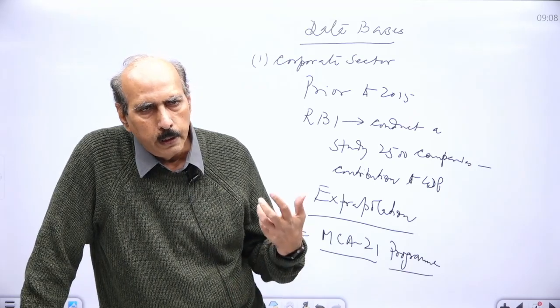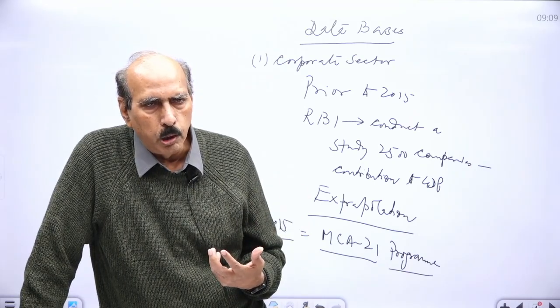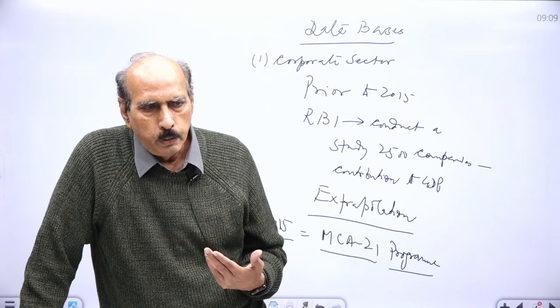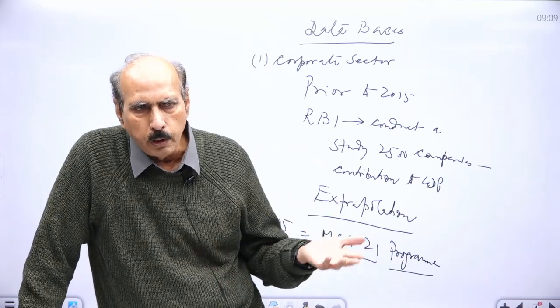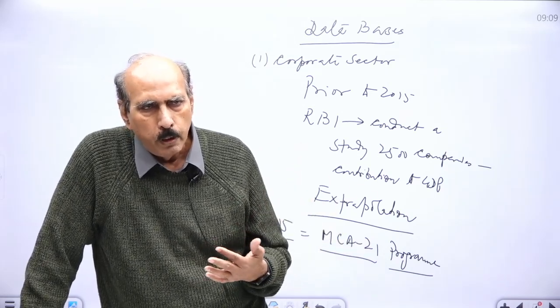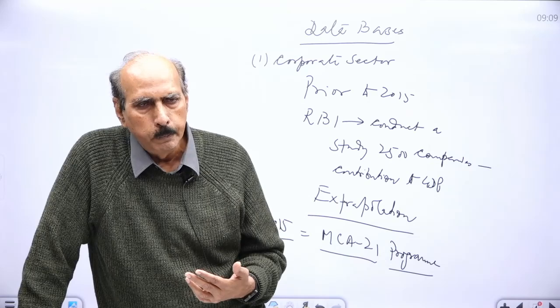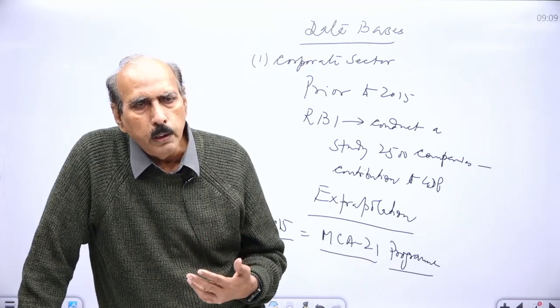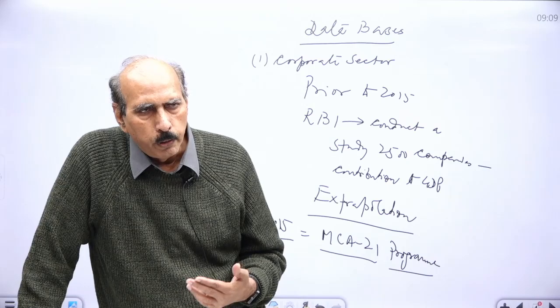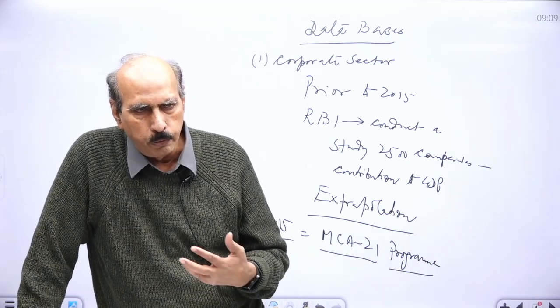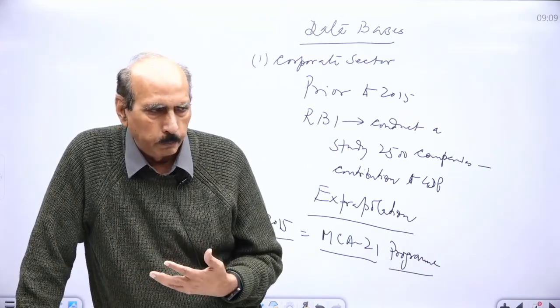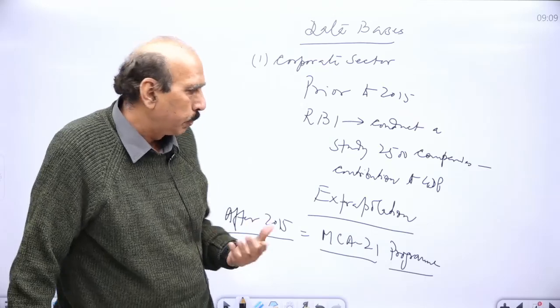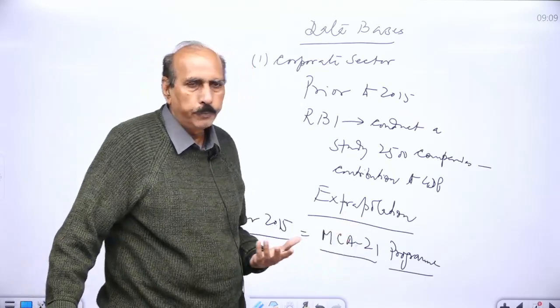And in the new methodology after 2015, instead of using the RBI studies outcome, we directly started using the balance sheet and profit and loss account of all the registered companies which have submitted their digital format to the registrar. This program is called MCA 21.